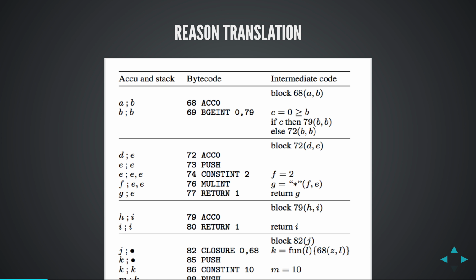So here's an example of the Reason approach taken from the paper about JS OCaml. Here we can see the bytecode instructions, and then there's some intermediate code that gets lifted to some JavaScript AST.